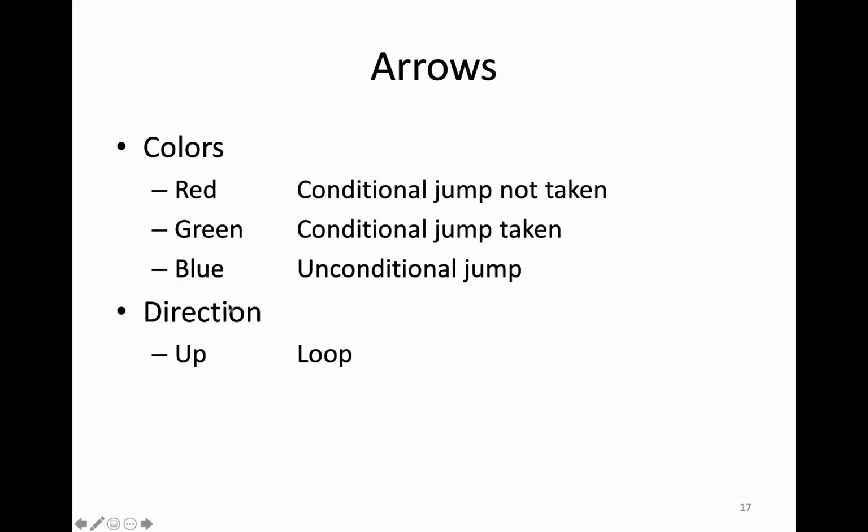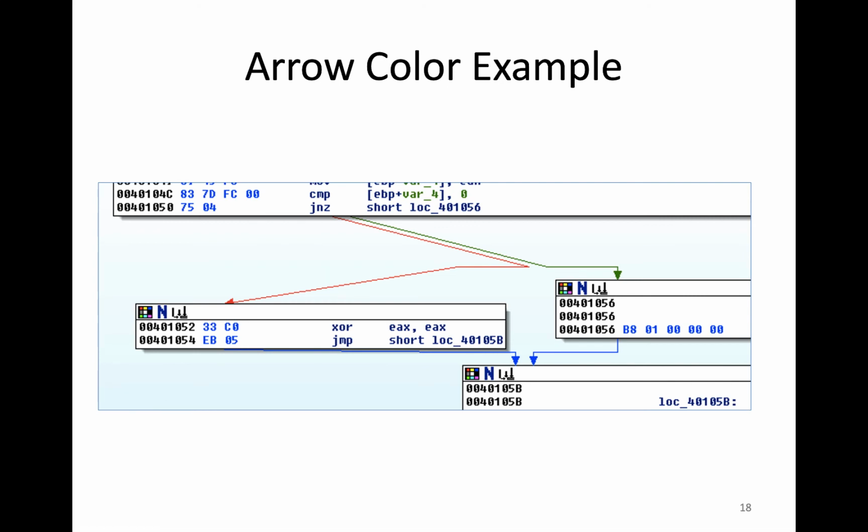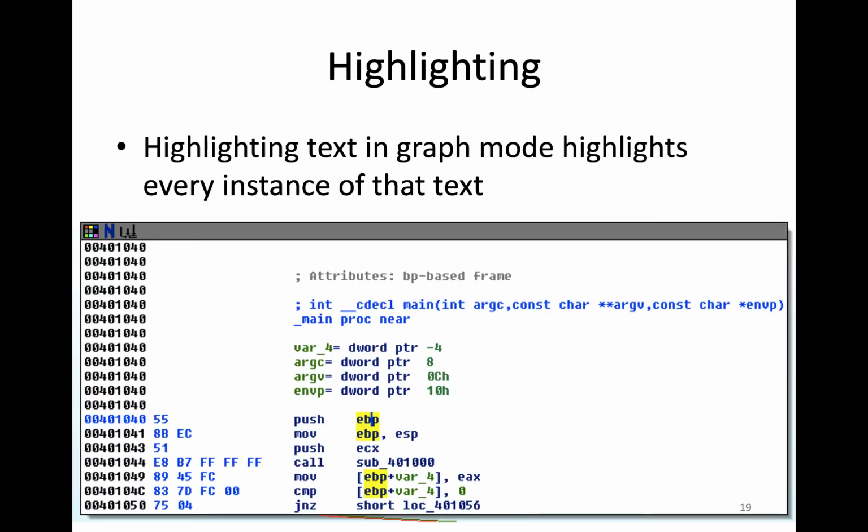If there's a while loop, or any loop, you'll see an arrow that points back to itself. It's pretty intuitive. This is an example of a branch where you have a red arrow if the branch isn't taken, and a green one if it is, and then both of these go back to the same point after. This is an unconditional jump between sections of code.